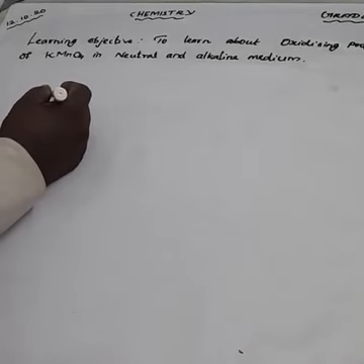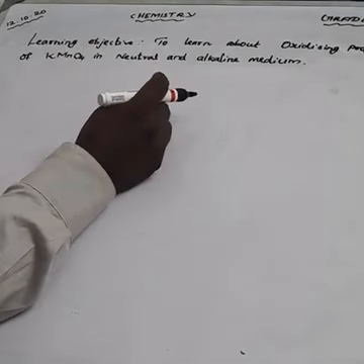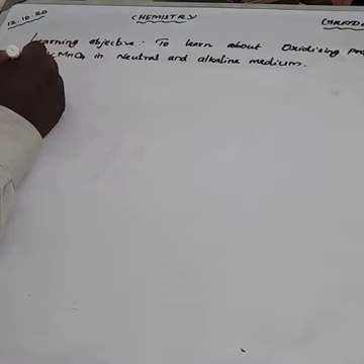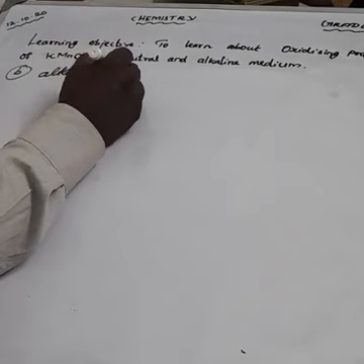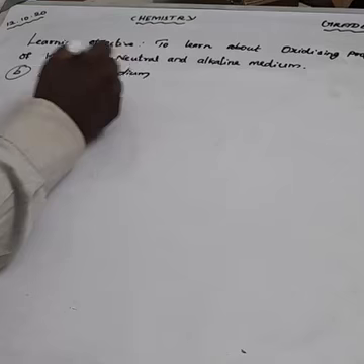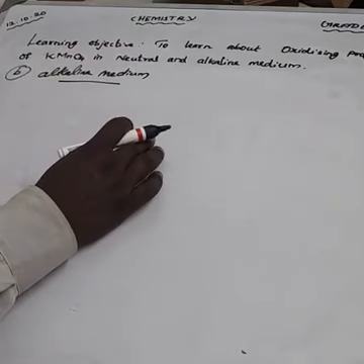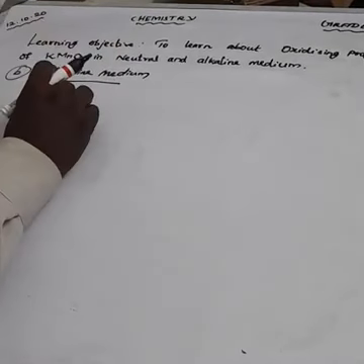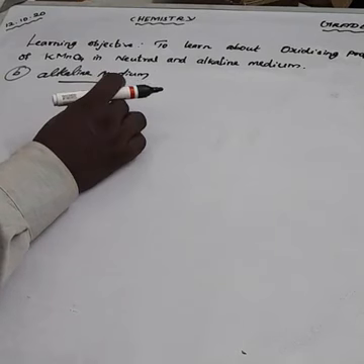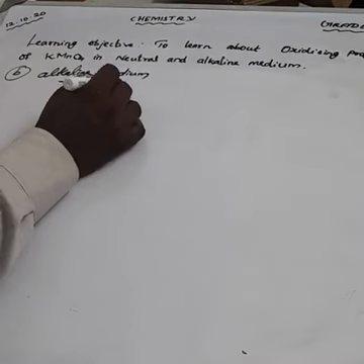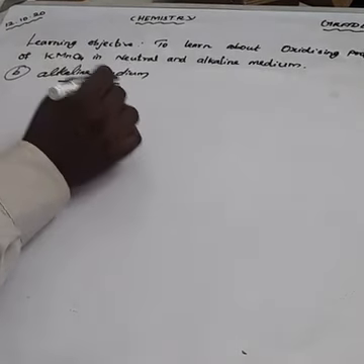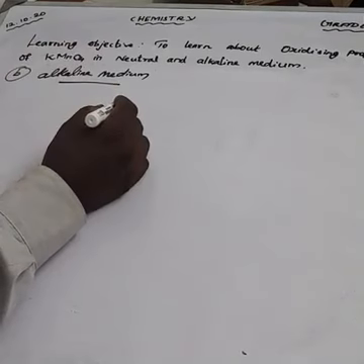Next, the oxidizing property of potassium permanganate in alkaline medium. Here, in the presence of an alkali metal hydroxide, the permanganate ion is converted into manganate. Clear?